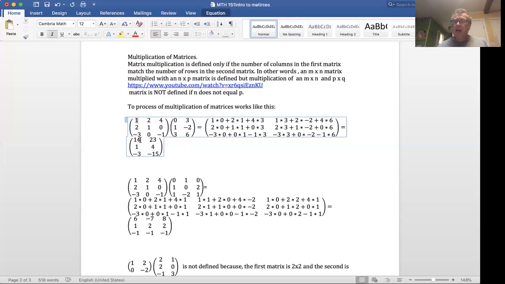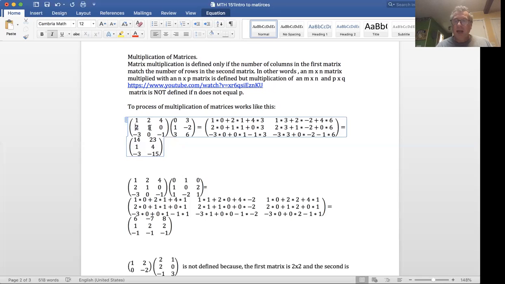Now, how do I get the second row? So the second row in my answer is going to come from taking the second row, first column. Again, remember, it's row, column, row, column, row, column. So I take the second row, first column, 2 times 0.